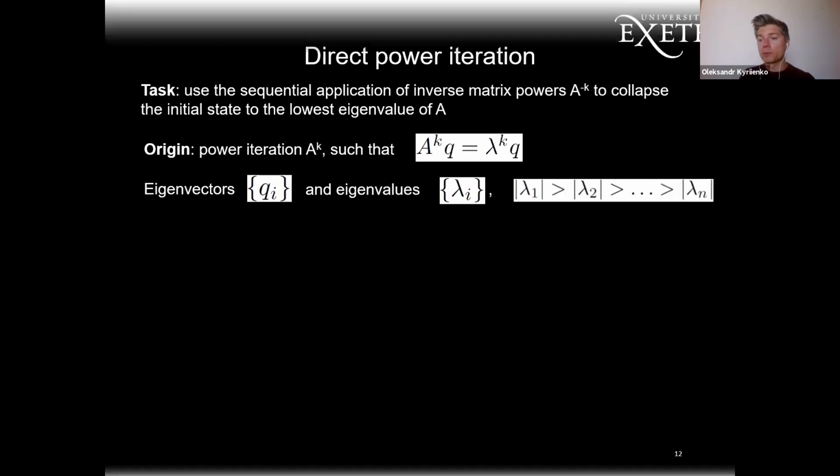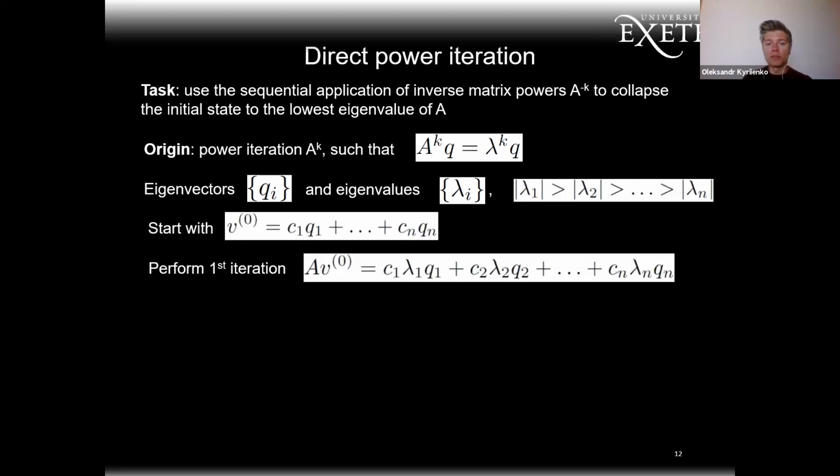To explain how it works, I will start with direct power iteration. If you have some matrix A and you apply it to eigenstate Q, you will get an eigenvalue lambda. If you apply a power of matrix A to the power of K to the eigenstate, you will get the eigenvalue lambda to the power of K. But what if you start with an initial state which is not an eigenstate?